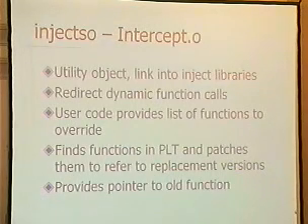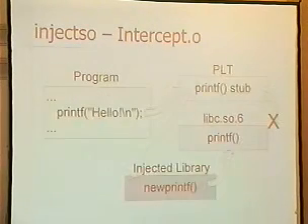Intercept.o allows you to get control of the functions without having to be in first. So the user code provides a list of functions which it wants to override, and then intercept.o goes on to patch the PLT and forces the PLT to refer to the replacement versions, and then provides the injected library a pointer to the old function.